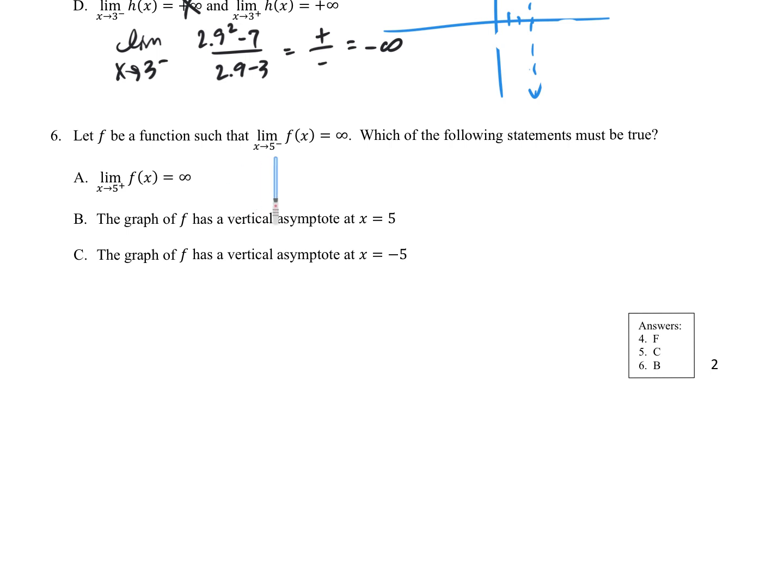Let f be a function such that this is more typical for us to see. Which of the following must be true? As I approach 5 from the negative side, I approach infinity. What's that look like on a picture? If I approach 5 from the negative side and I'm going to infinity, yeah, I have to have a vertical asymptote.